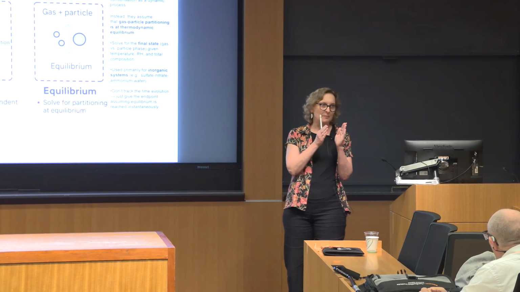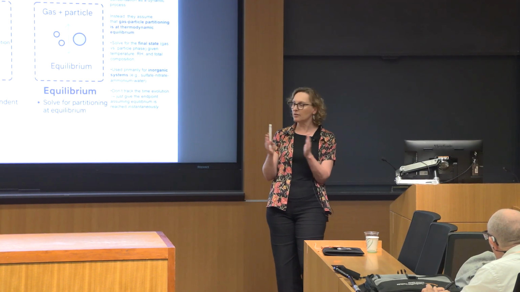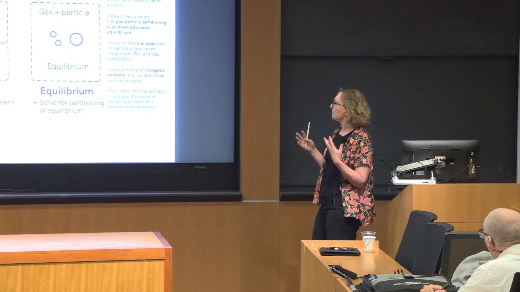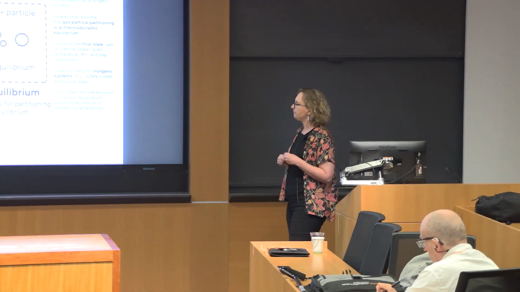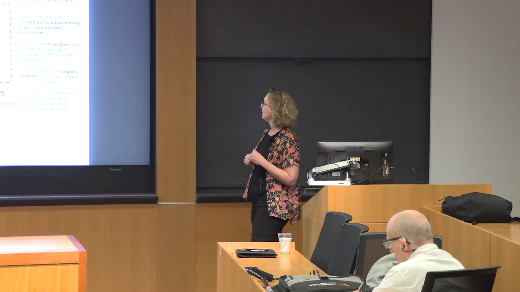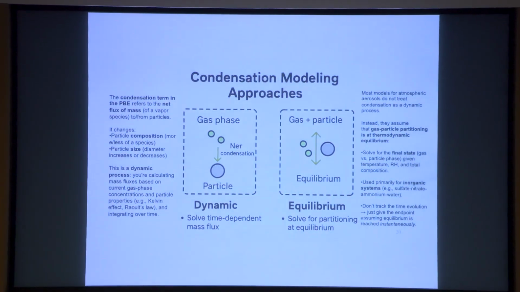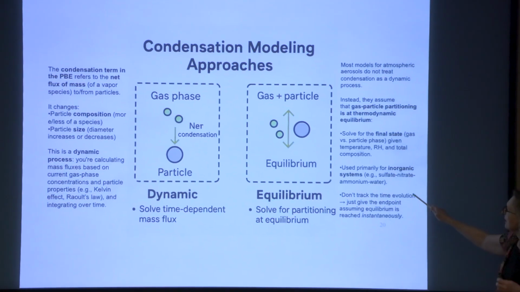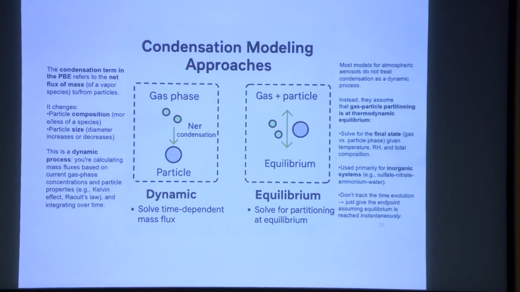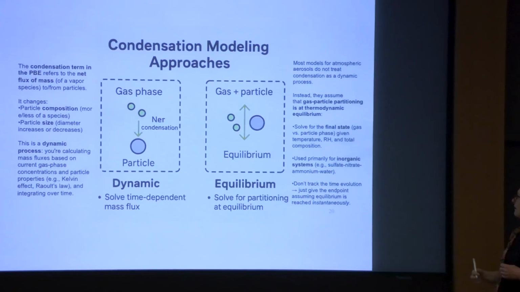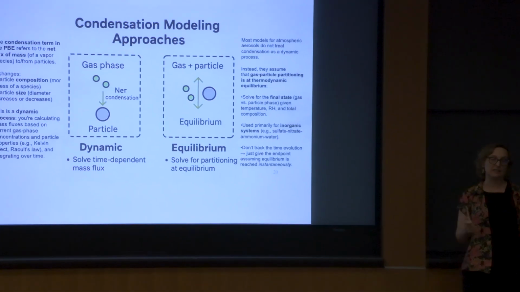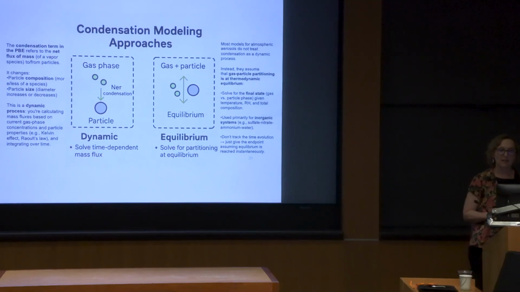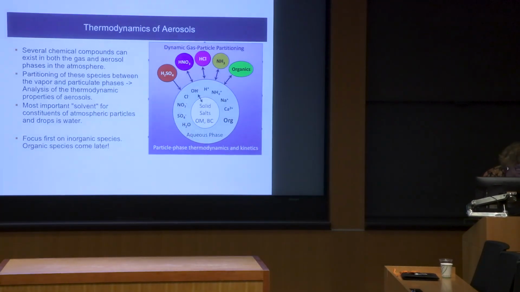Especially depending on which size of particles you look at, the equilibrium assumption may be violated. Nevertheless, that's one of the important assumptions. We don't actually track the time evolution. We just go from endpoint to endpoint, assuming equilibrium is reached instantaneously. So this may or may not be violated.